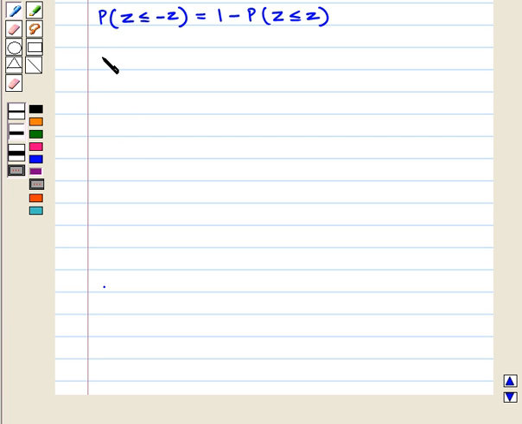The result is deduced from symmetric property of the curve.